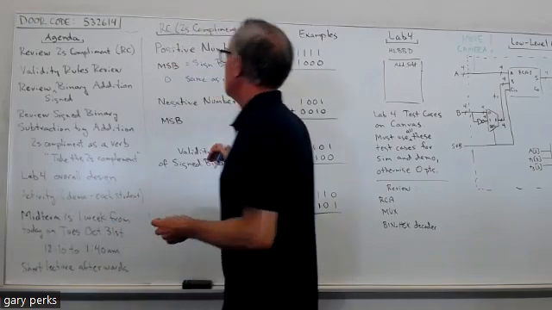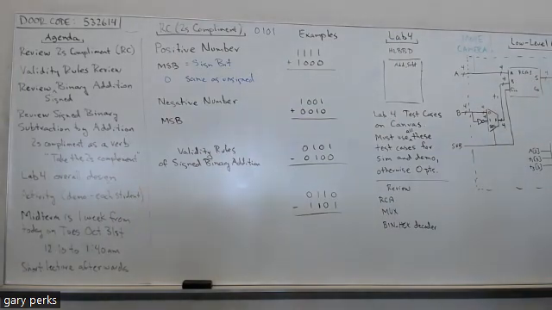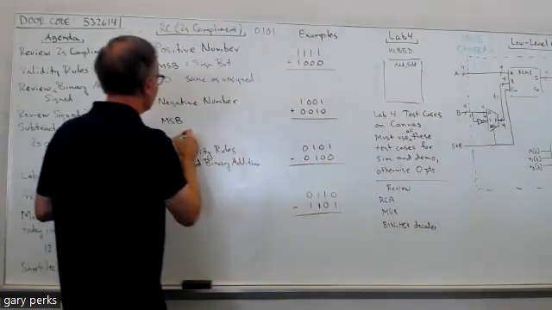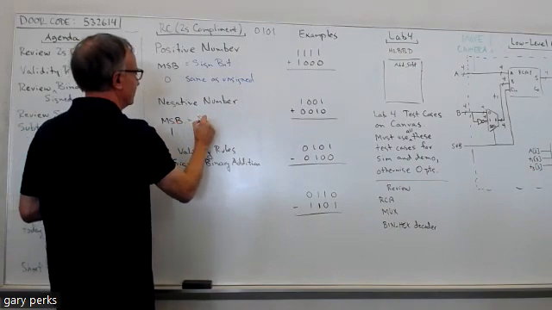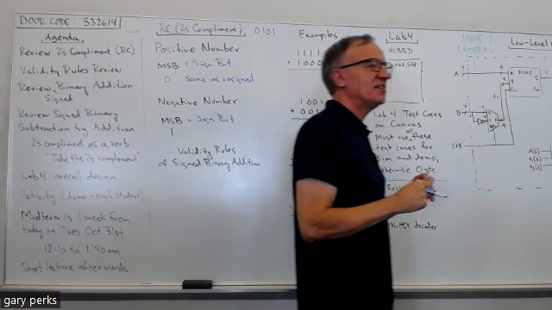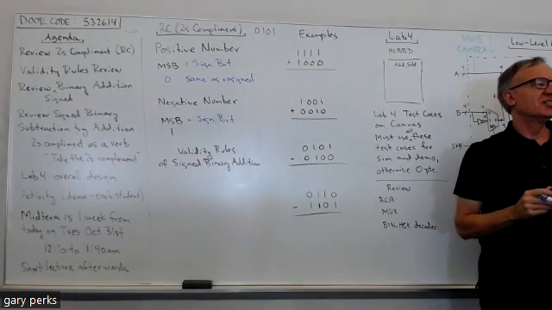Same as unsigned. But now if it's a negative two's complement number, how do you know? How do I check? Yeah, the sign bit is a 1. And then how do you find the magnitude of a negative two's complement number?